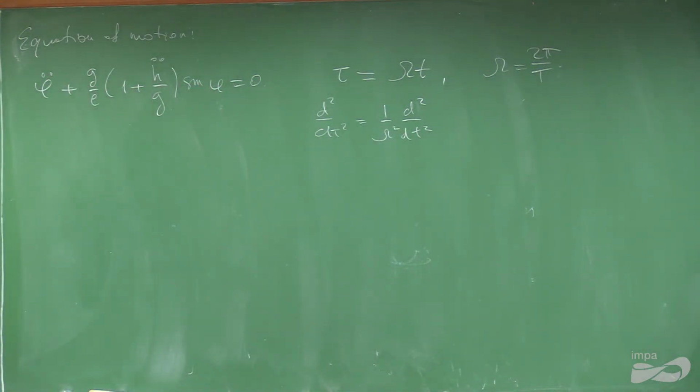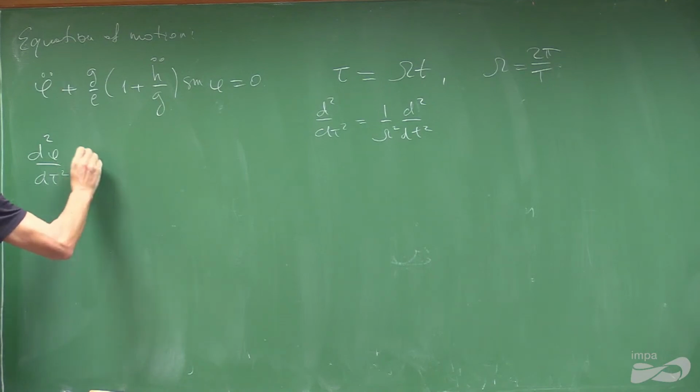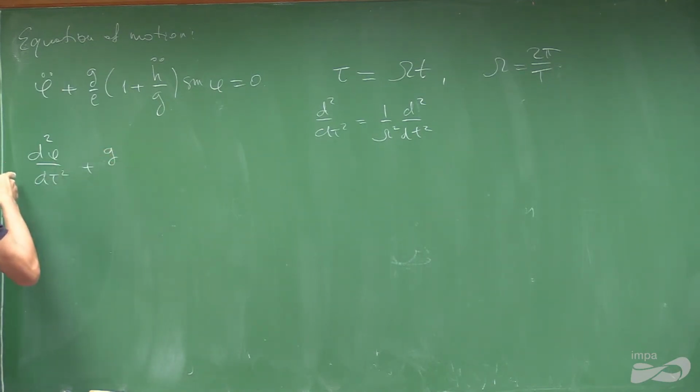Then the equation becomes d squared phi over d tau squared plus g over L omega squared.